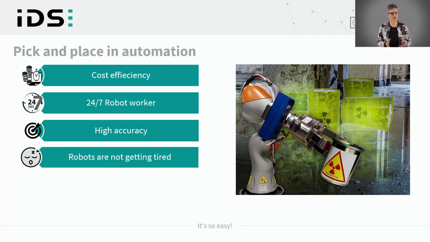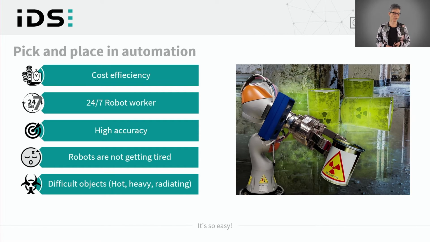Robots do not get tired, they do not get bored, and so they can perform repeating tasks the whole day long with the same accuracy. And robots can handle difficult objects like heavy weights or hot, radiating, toxic objects that humans wouldn't like to touch at all.